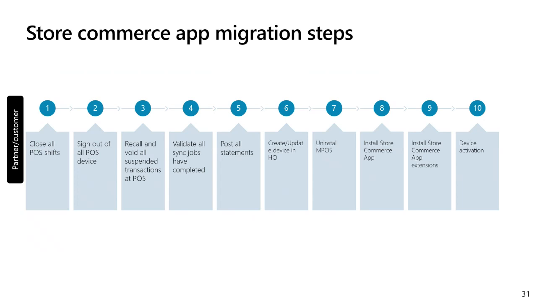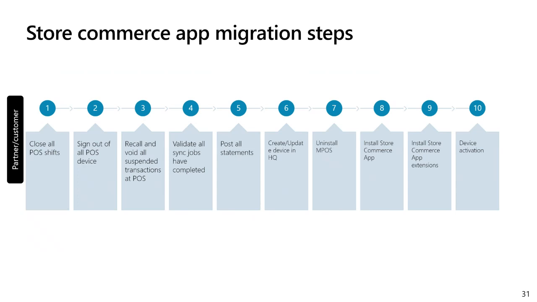Make sure all the data sync jobs are completed, P jobs, data is synchronized with HQ before migration, including the offline data in the SQL offline database. So post the statements so that existing data is reflected appropriately in HQ.